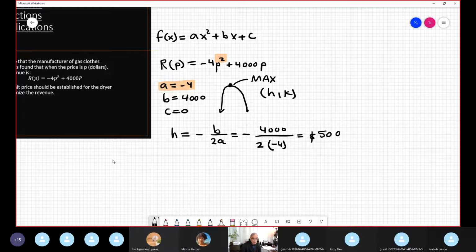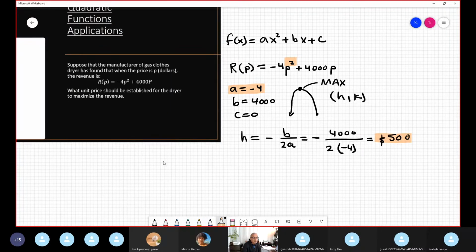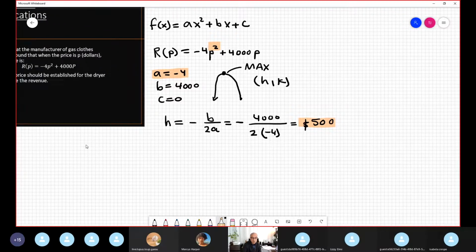If you want to find the revenue that you get when you sell this product at this price, so this is the price of only one gas clothes dryer. You want to find revenue, well, you plug it in.